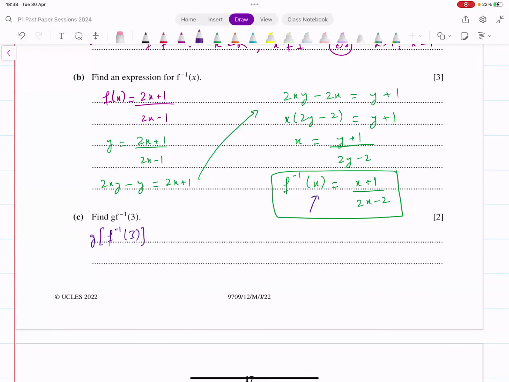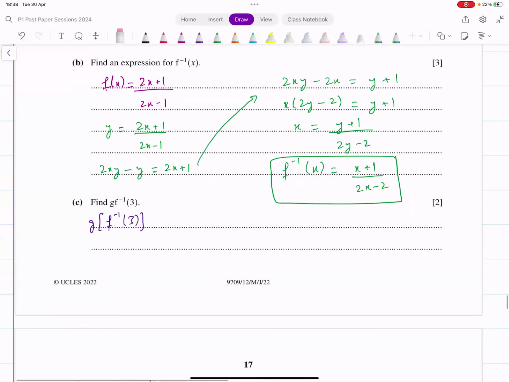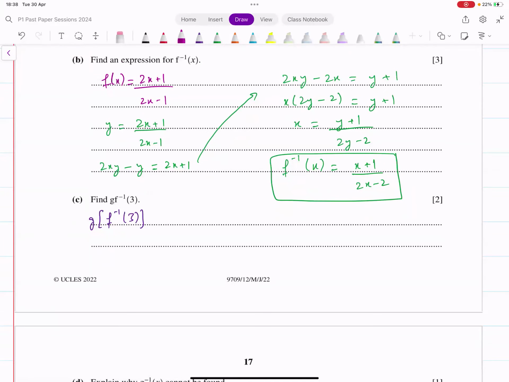You input x equal to 3 here in place of x, right? What does that give you? You can also first evaluate f inverse of 3 if you want, and then input that inside g. That might be simpler to write. Or you can just write it like this as well. It's your choice. It's g of f inverse of 3.